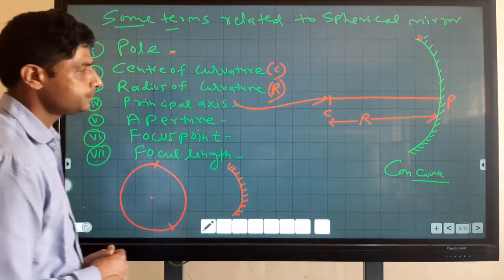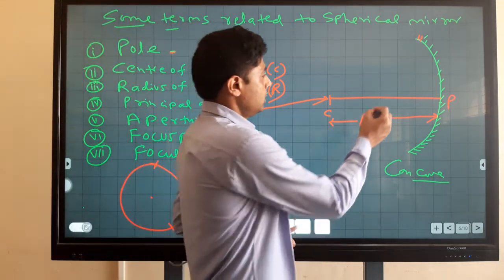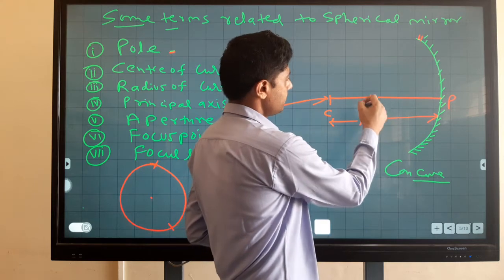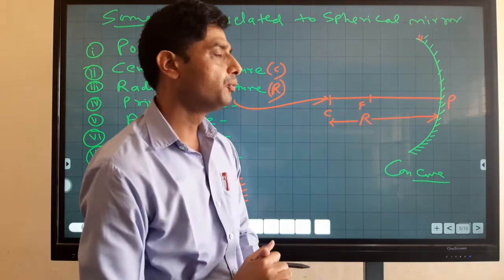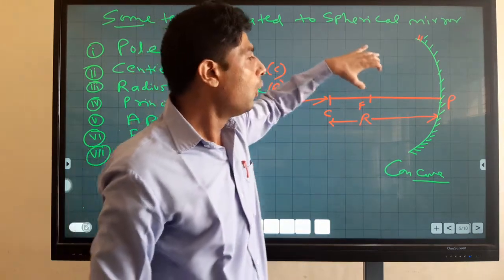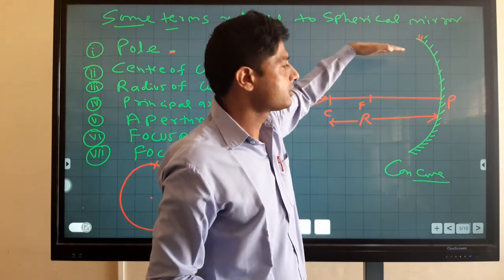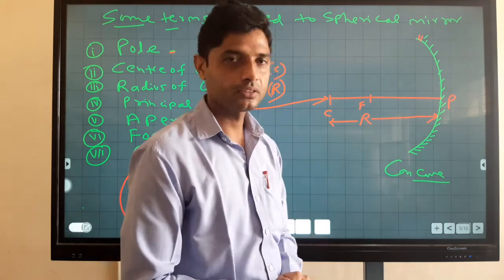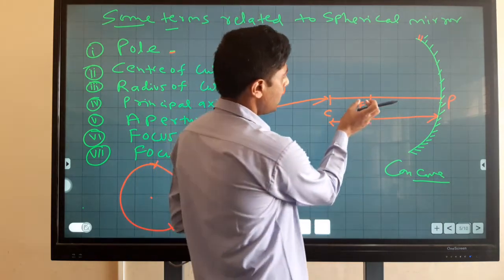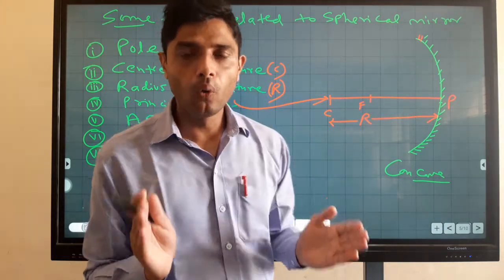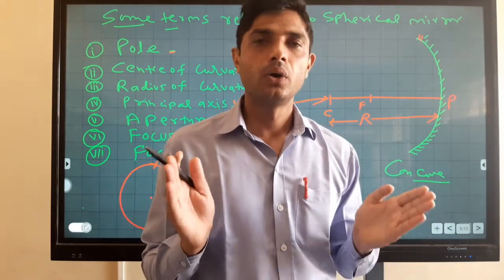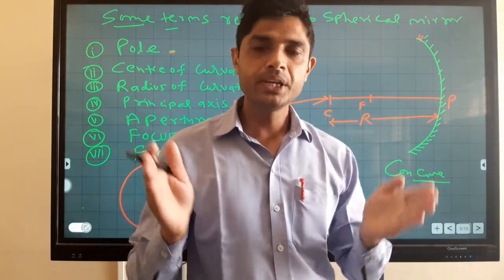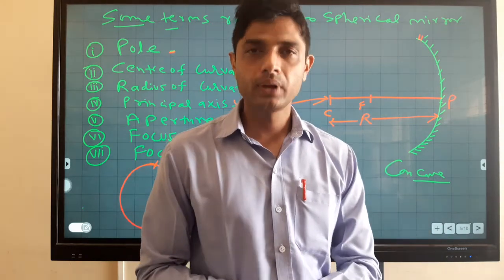Focus point. A point on the principal axis where all parallel rays meet after reflection. It means a point on the principal axis where all parallel rays meet after reflection.